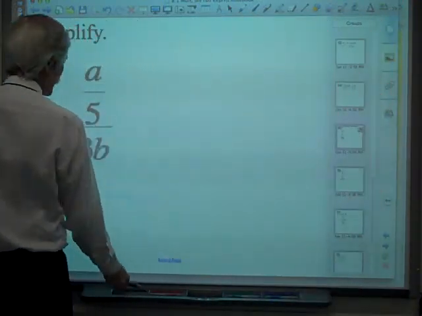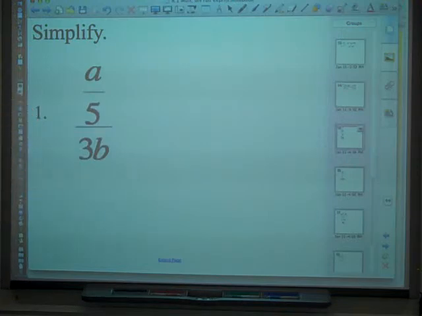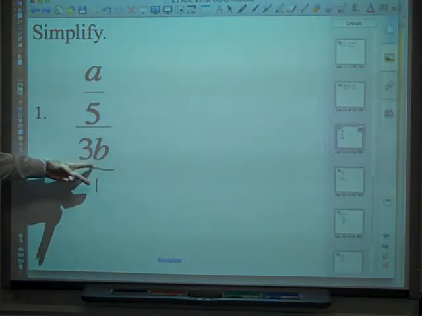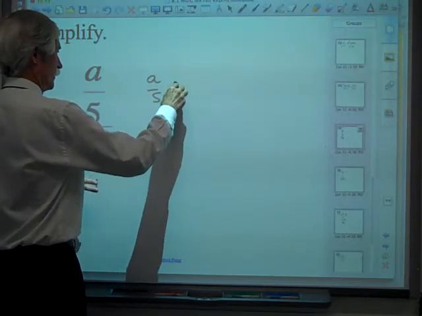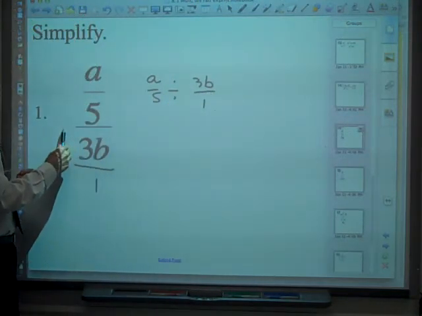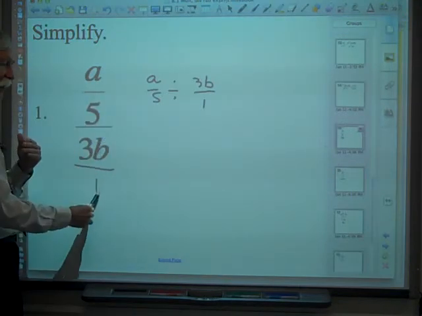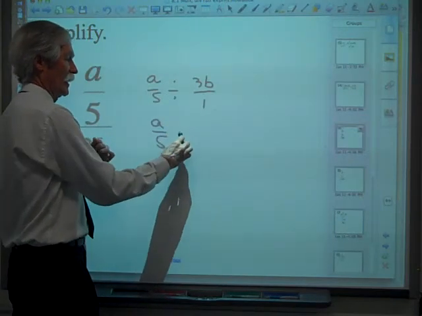When you have a triple stack fraction, what you do is put this over 1. So it's a over 5 divided by 3b over 1. What do you do when you are dividing?